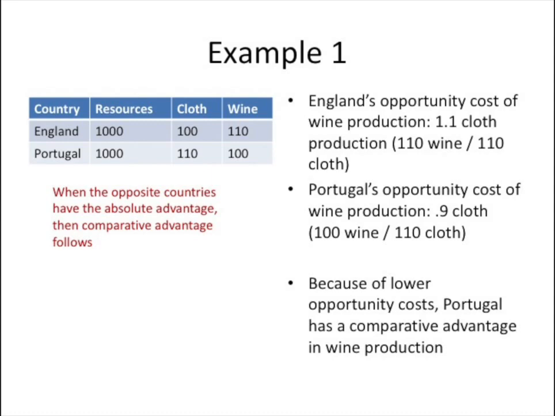Here is the calculation of wine production's opportunity cost. 1.1 cloth for England, so England's opportunity cost for wine production is 1.1 cloth. Portugal's opportunity cost is 0.9 cloth. So, in this case, Portugal has a comparative advantage in wine production, and you see that here.